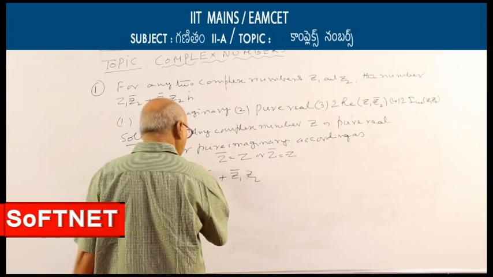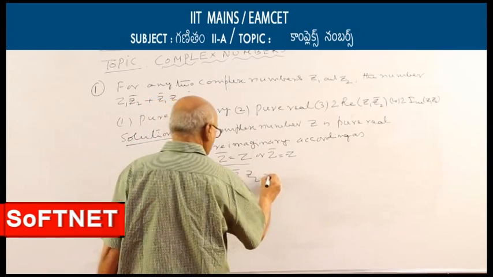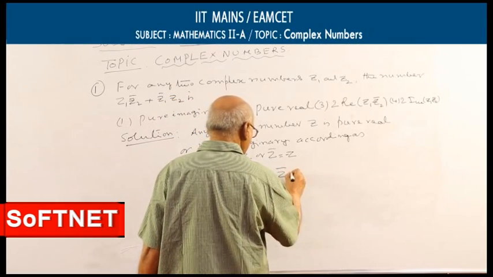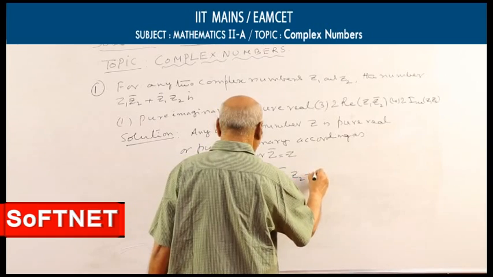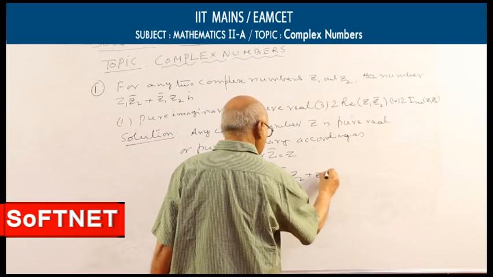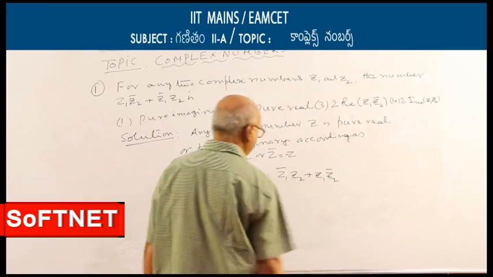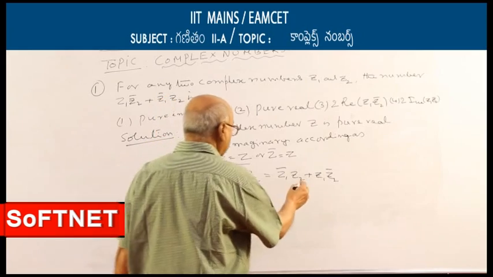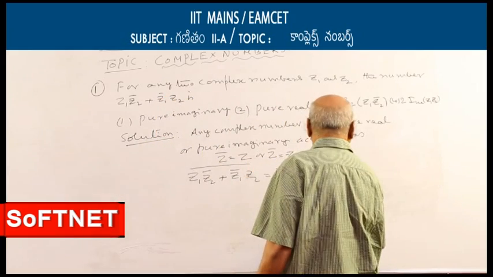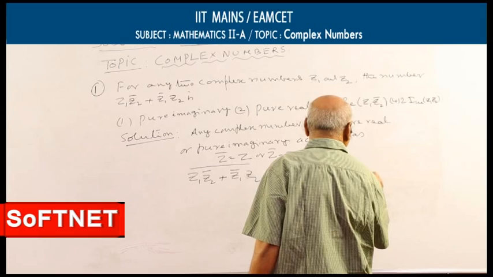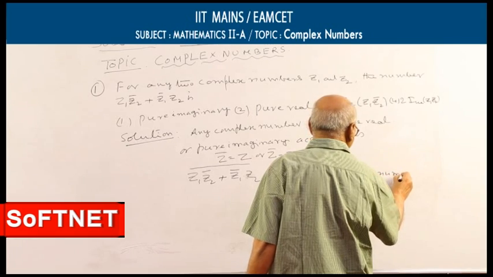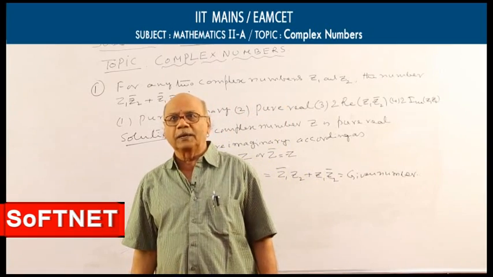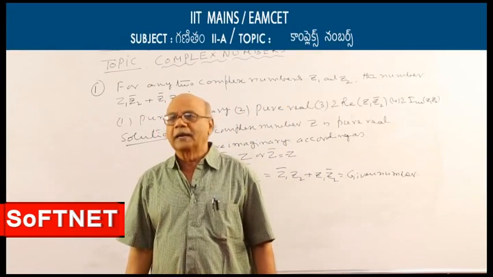Take the whole bar, and as per the conjugate laws, this is Z1 bar Z2 plus Z1 Z2 bar, which is nothing but the given number. So therefore the given number is real.